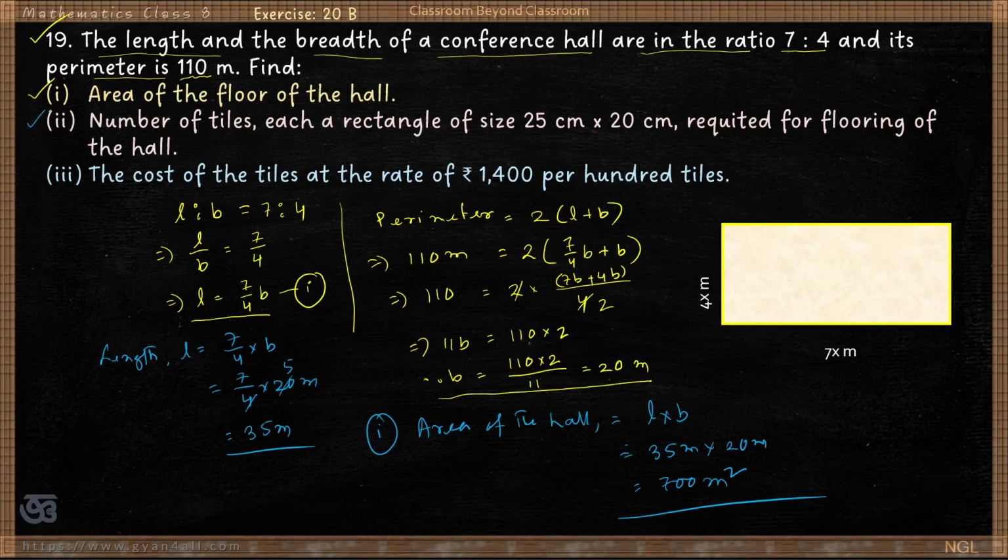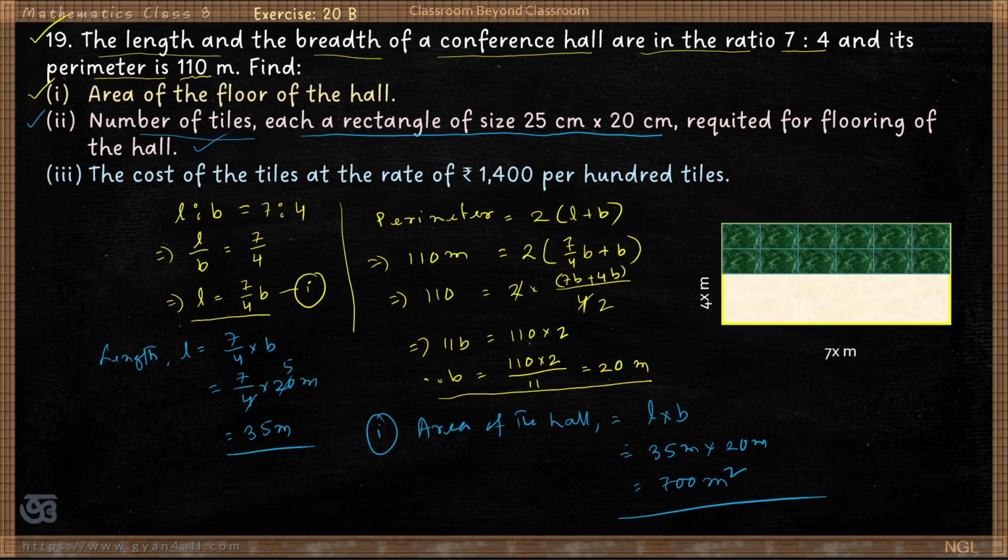Now question number 2: the number of tiles, each a rectangle of size 25 by 20 centimeters, required for flooring of the hall. So let us do question number 2 now. We have to do the flooring by tiles. This time it is a rectangular tile of size 25 centimeters by 20 centimeters.